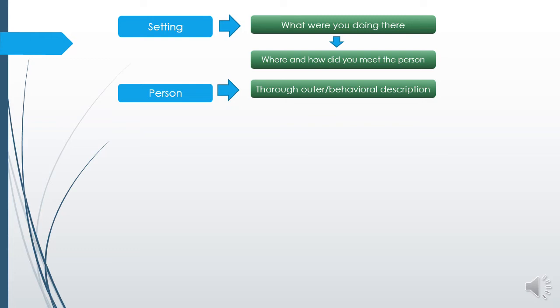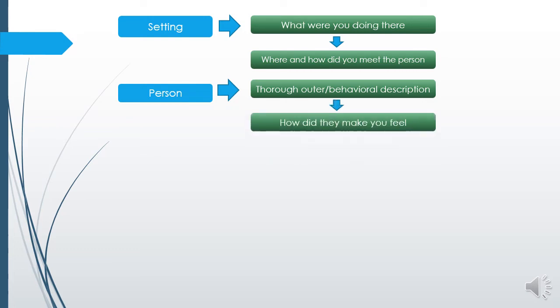It's not a meeting, it's not a get-together. You don't really get to talk a lot with that person. It's just an encounter. This implies that you saw and met them for a very short period, then moved on with both of your lives. So this is an outer and behavioral description: how were they acting.